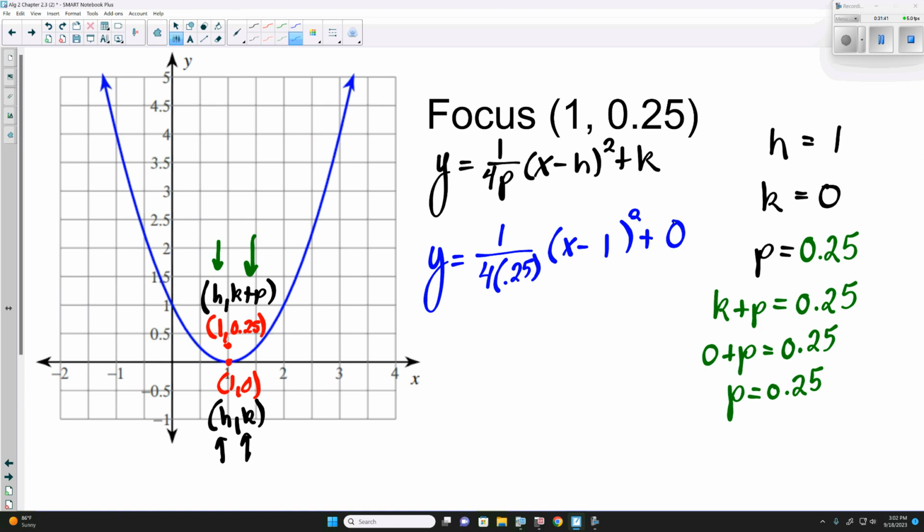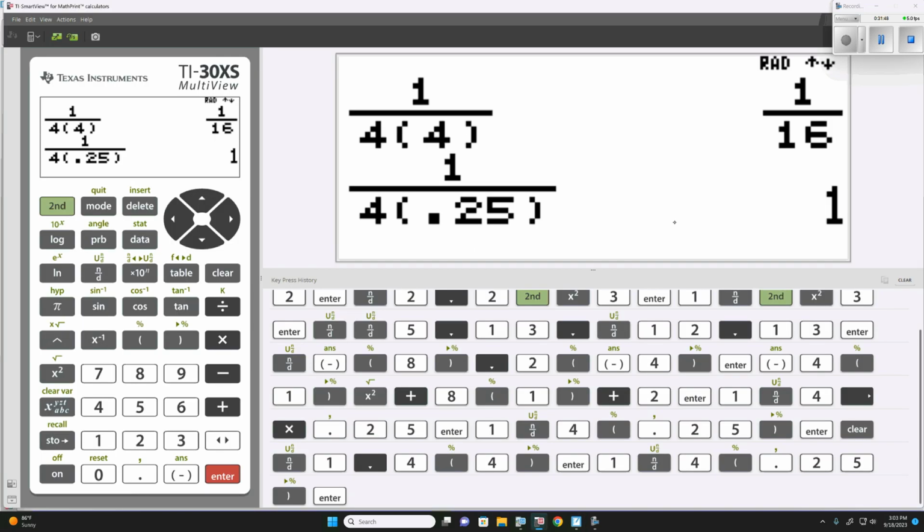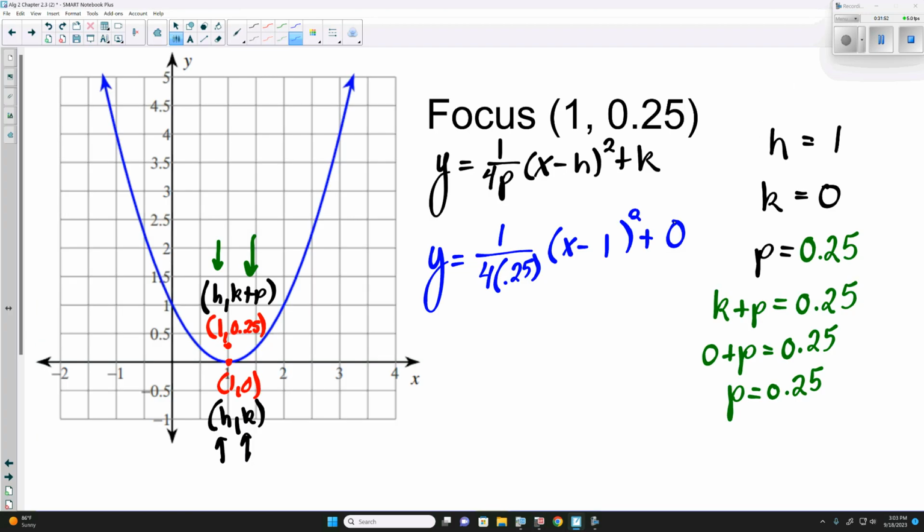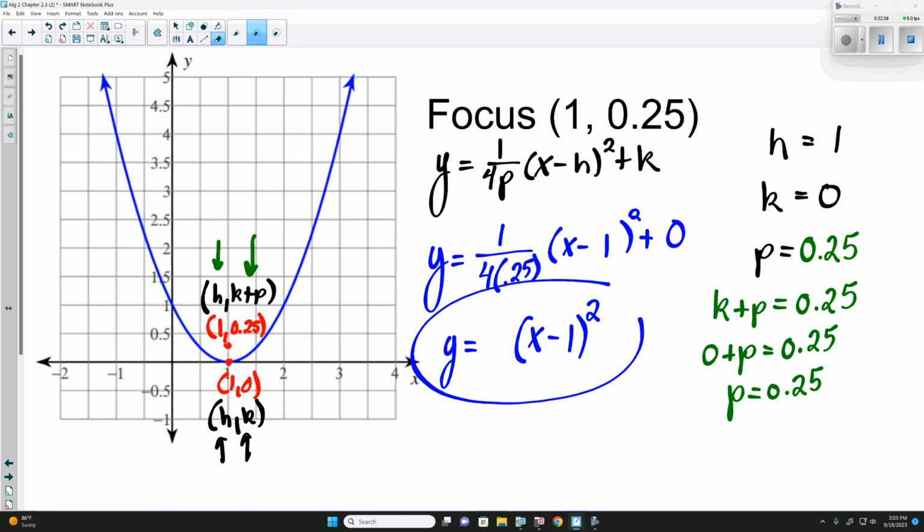Is 4 times 0.25 1? 4 times 0.25 is indeed 1. So it wouldn't be 1 over 1, or we can simplify it to 1 times x minus 1 squared. But the multiplication of 1 is understood, so we don't necessarily need that. We just have y equals x minus 1 squared.